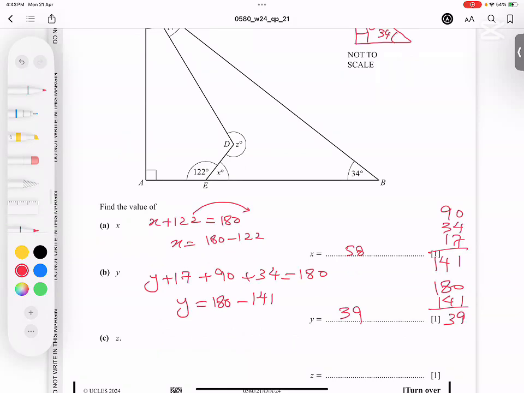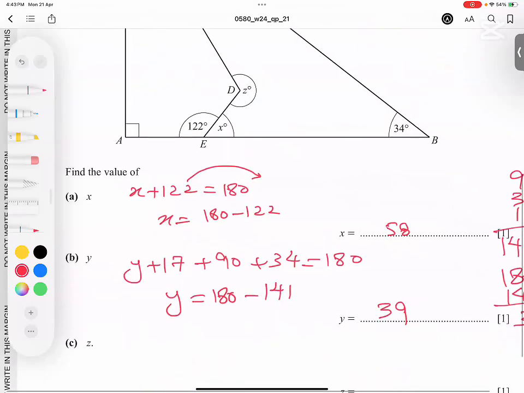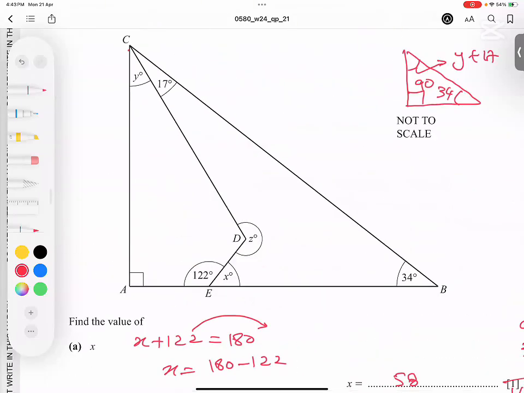And the next one is z. How to get z? Okay, this is 39. I'm writing it here. Now how to get this z angle? We have two ways to solve it. Either I use this diagram or I use this diagram. Okay, so I think I will use this diagram. I can use even this.